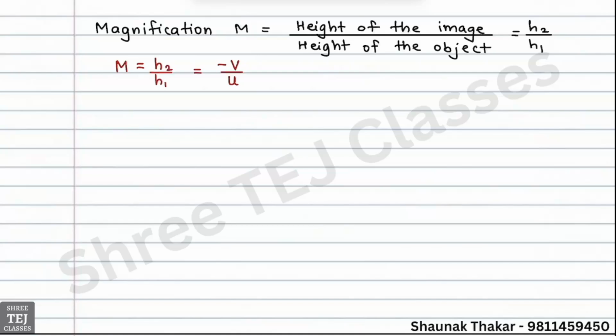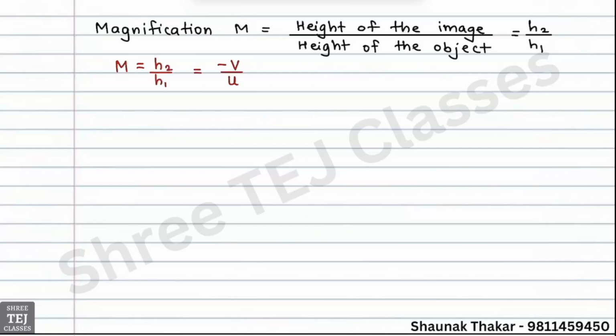Now, real images are always inverted, that is upside down. They form below the principal axis. We have studied in sign convention that distances below the principal axis are negative. So, what will be height of a real image? It will always be negative. Similarly, virtual images are always erect, that is above the principal axis, and distances above the principal axis are always positive.